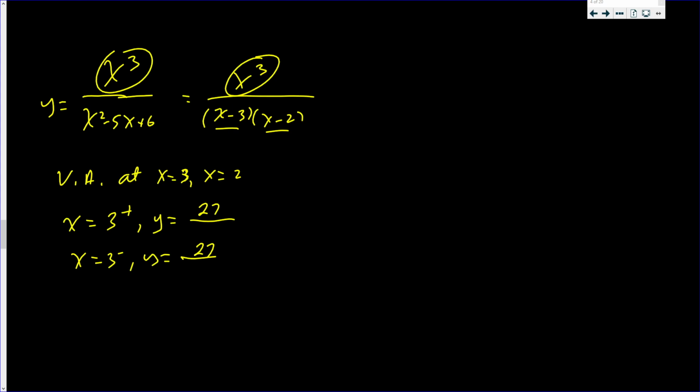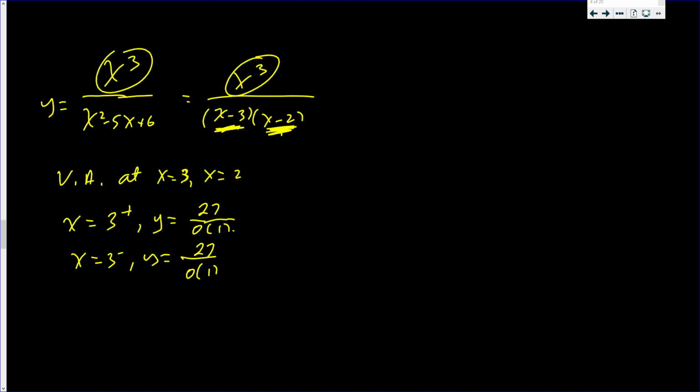Now, when x is a little bit more than 3, this number is going to be around 1. That's important. It could have been around -1, and that would have changed things. When x is anywhere near 3, this is around 1. But when x is near 3, this is 0.